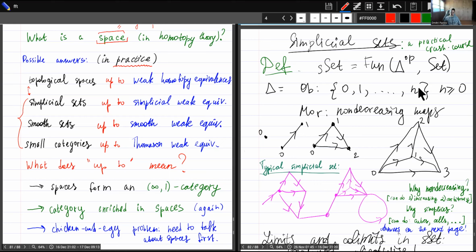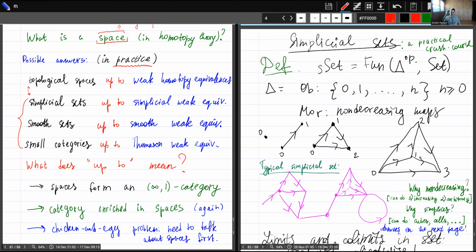If you recall, just like for smooth sets, we have contravariant functors from Cartesian spaces to sets. And the way you would think about such a contravariant functor is that if you have a smooth set, you can map Cartesian spaces into it, and the sets of such maps give you a contravariant functor.